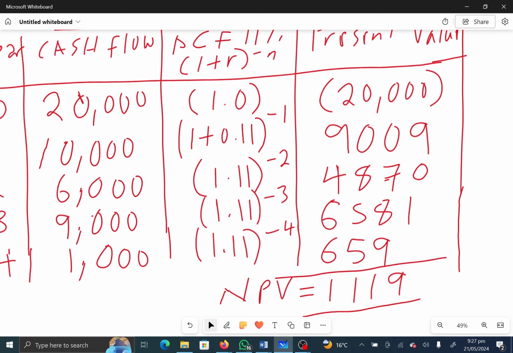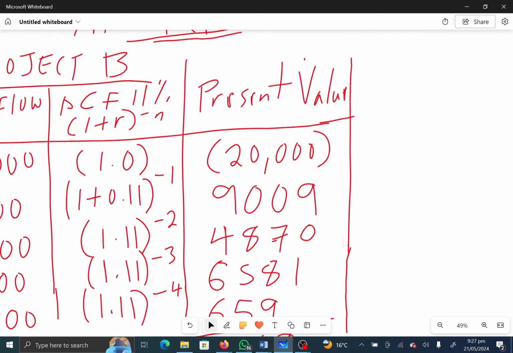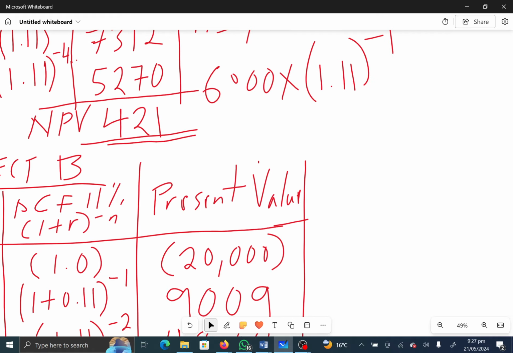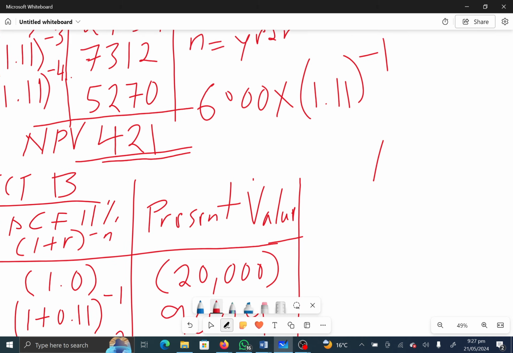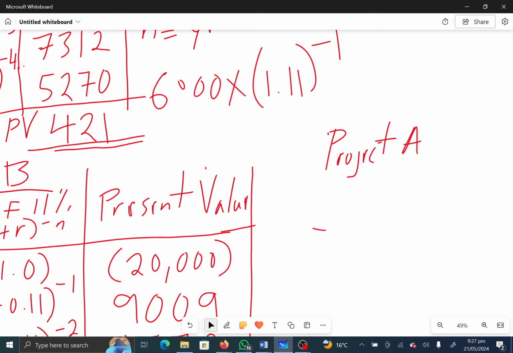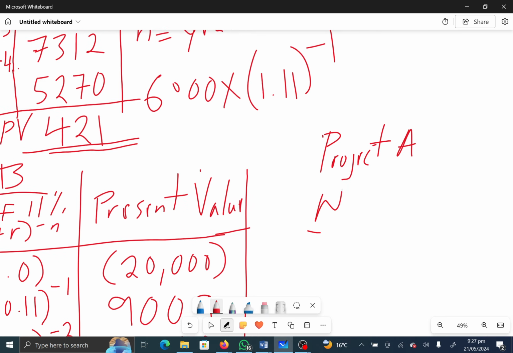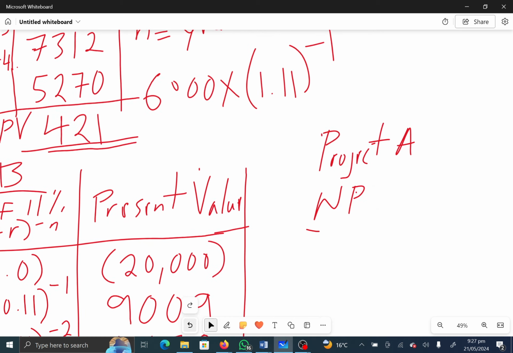So now we have two present values. We have the present value for project A. So the NPV for project A, we say NPV A is equal to 421.